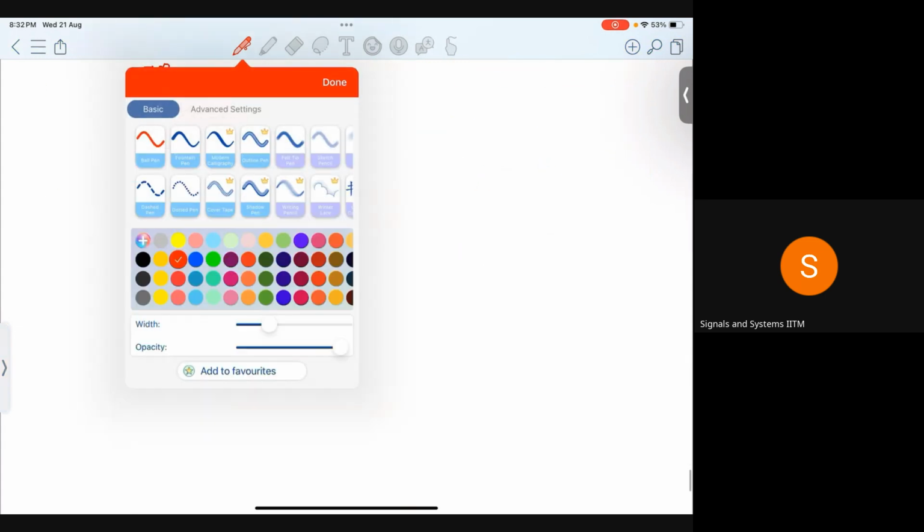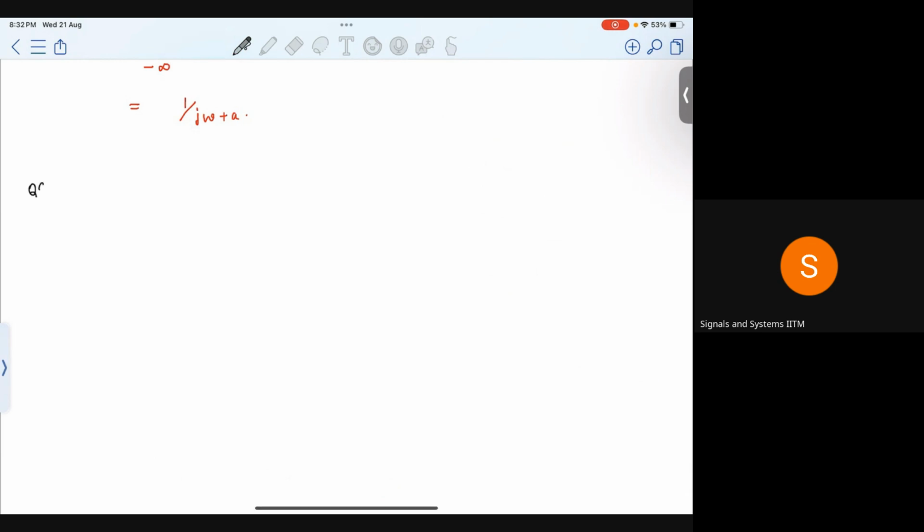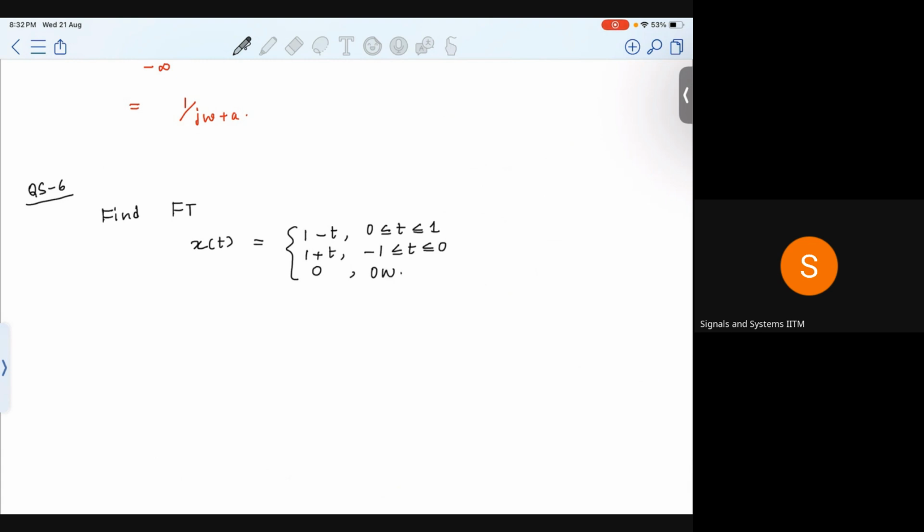Finding the Fourier transform, right? You tell me what is the problem that you're facing, and if you have any concept difficulty, I'll try to help you with that. You're supposed to find the Fourier transform for the following signal, which is defined as x of t is 1 minus t, 1 plus t. Could you tell me what is the difficulty that you're facing with this problem? Let's try to solve this together.